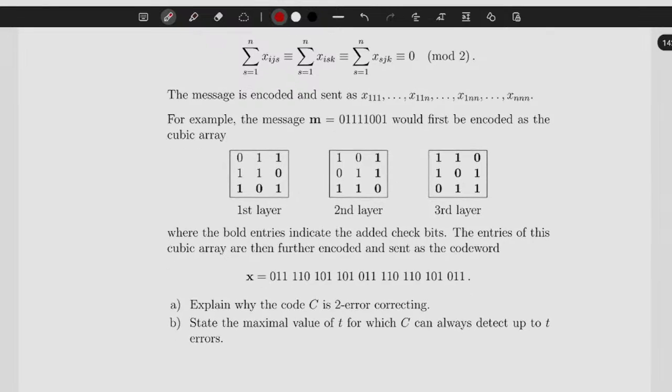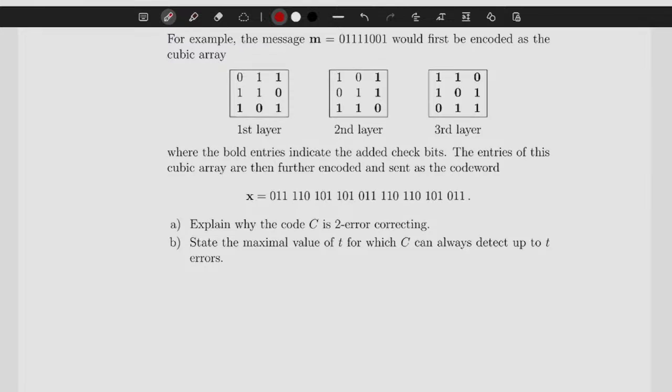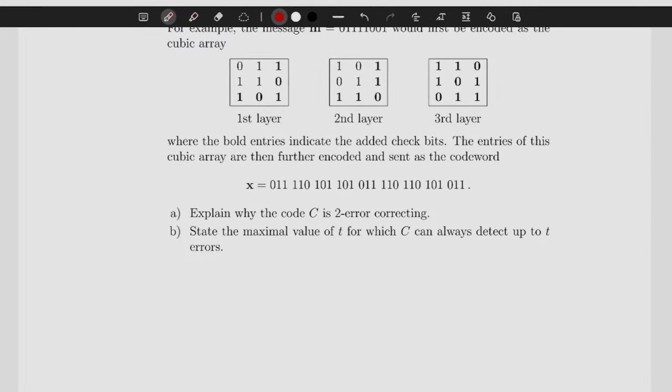So explain why the code C is 2 error correcting. Well, in the 2D example, you guys could very easily see, okay, well, if there's an error in one column and there's an error in one row, then it's going to be that one space. And if we extend that to the 3-dimensional plane, well, then naturally we can break it up and rotate. This is very hard to illustrate.